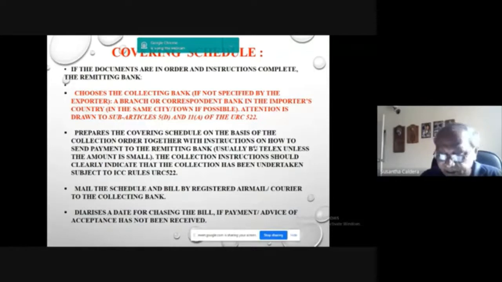Disclaimer for acts of an instructed party. Article 11A says, banks utilizing the services of another bank or other banks for the purpose of giving effect to the instructions of the principal do so for the account and at the risk of such principal.